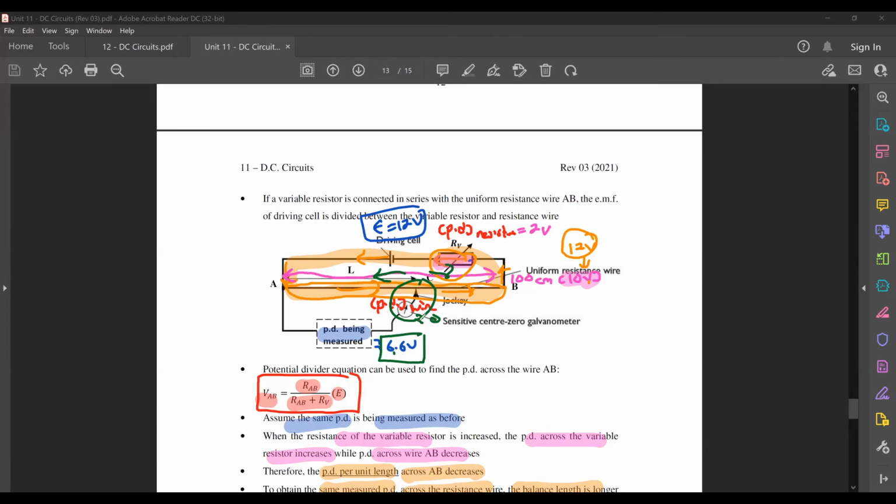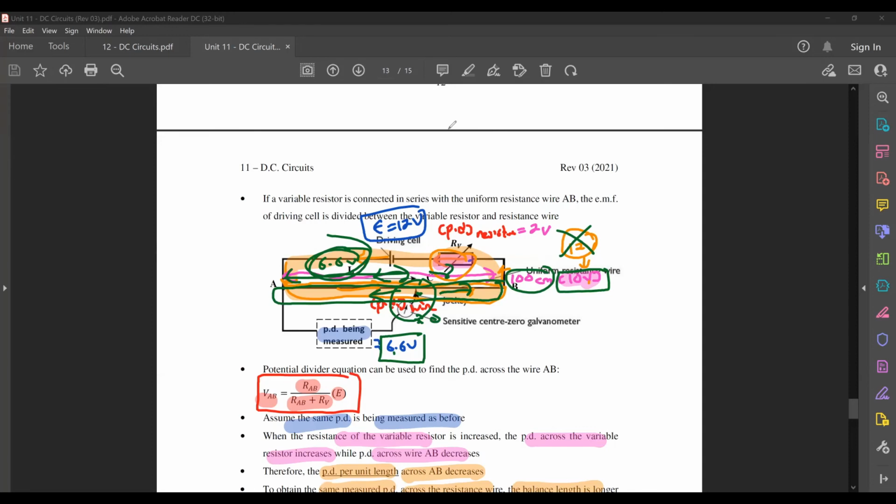When my galvanometer reading is 0, the PD across the wire would be 6.6 volts. That was the main understanding behind the concept of potentiometer. But right now, that same resistance wire of 100 centimeter, the total PD across it is just 10 volts. It is no longer 12 volts. So where do you suppose I need to move my jockey to? Should I move it towards the right or left in order to get the same PD of 6.6 volts?